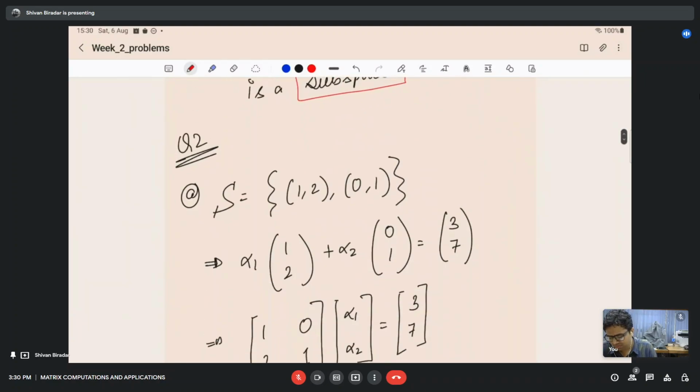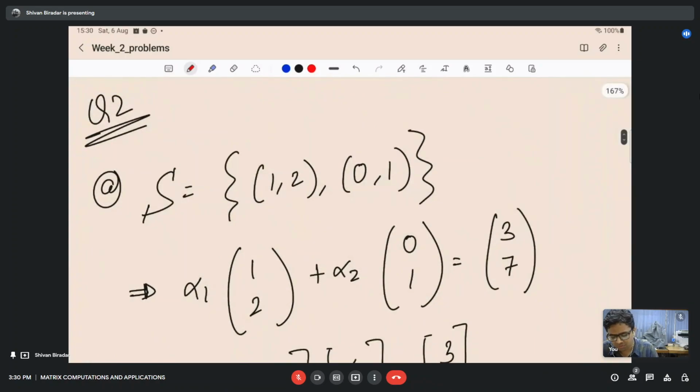So we'll be looking at a very small matrix method here. That will be easy and very handy.